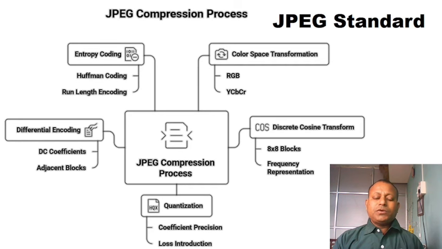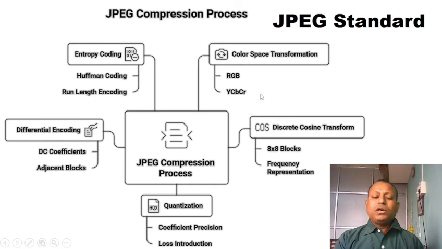JPEG compression includes some processes. This standard uses color space transformation, discrete cosine transformation, quantization, differential encoding, and entropy encoding.